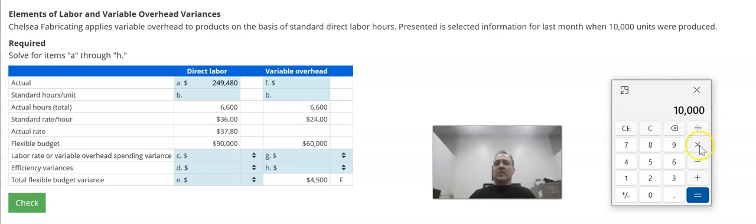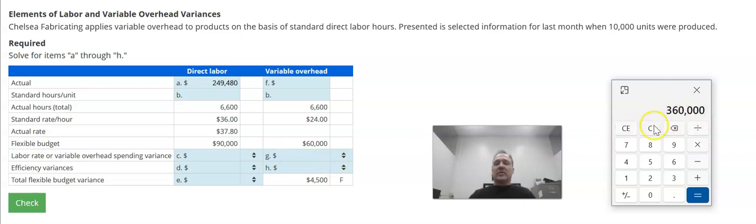I would take my units and multiply it by my standard labor cost, and that's 360,000. But notice we budgeted 90,000.